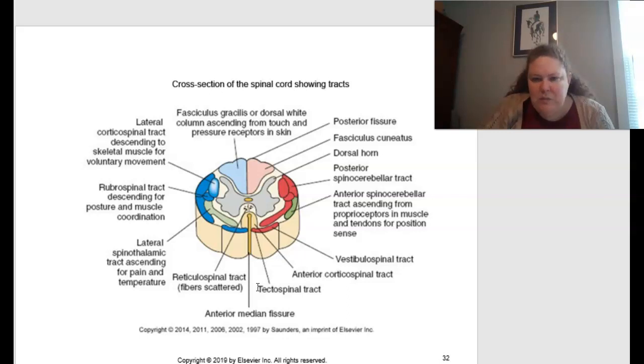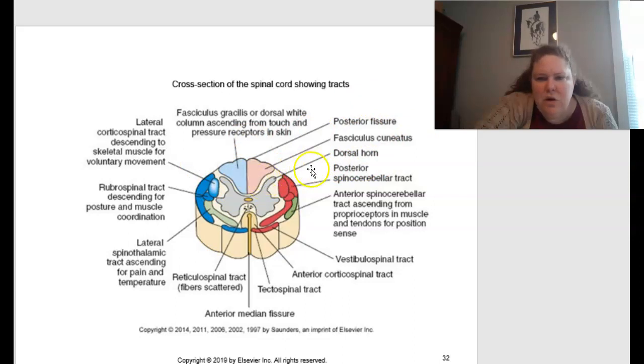And this is going to be on page 333. Again, it's figure 14.4. And so you can see that you have your fasciculus gracilis, or the dorsal white column, that's ascending from touch and pressure receptors in the skin. You have the posterior fissure. Remember, a fissure is kind of like a canyon, right?